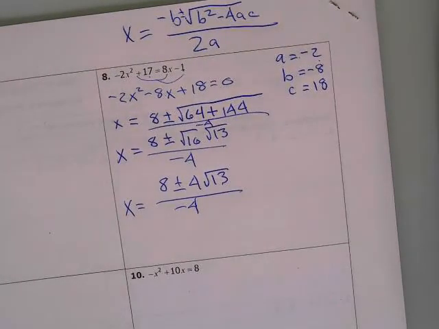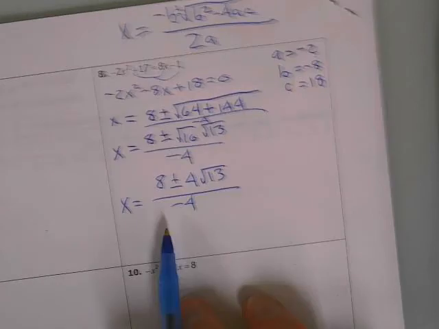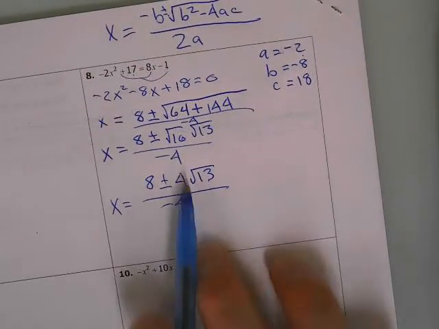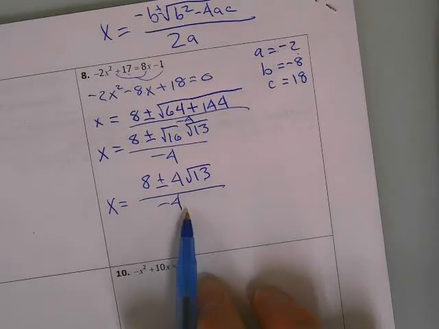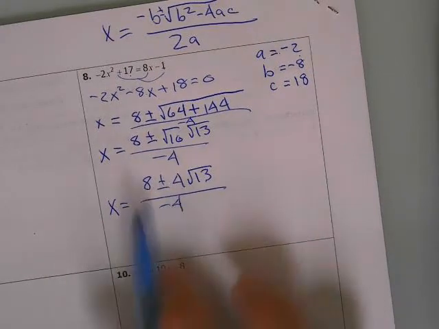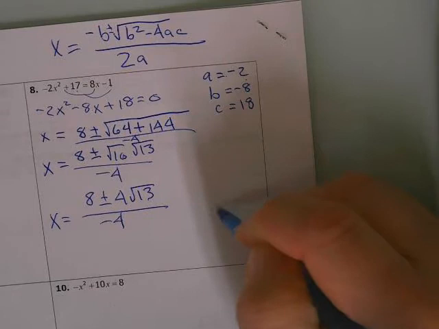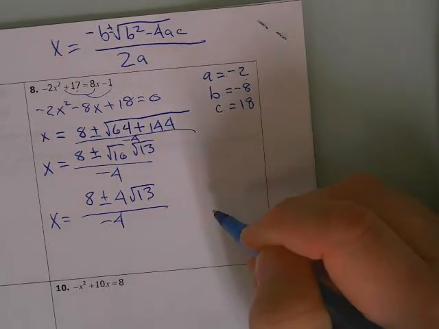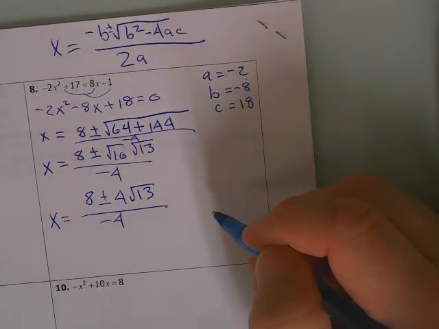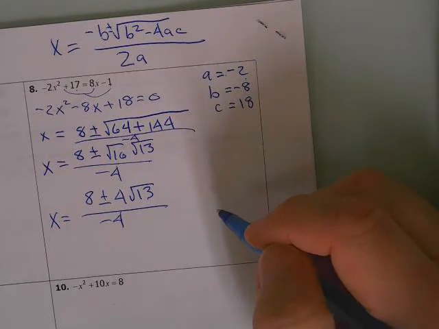So we get here, and we're looking at our solution and we're like, will that simplify? So yes, 4 goes into all 3 of these terms. So we divide it by 4. We can divide it by negative 4 if you prefer.